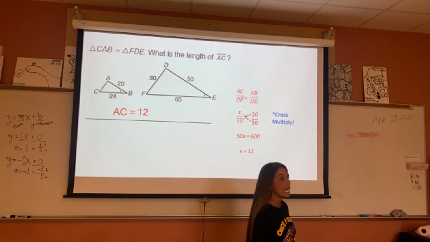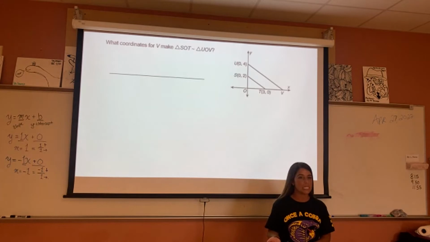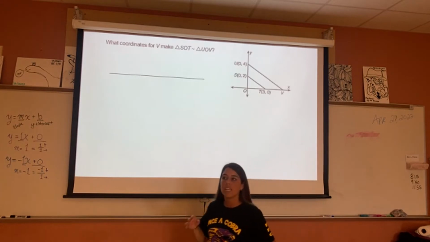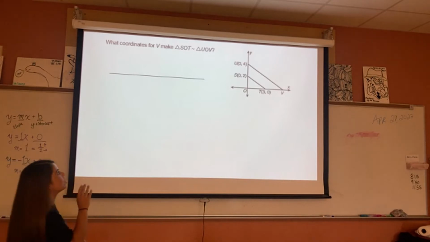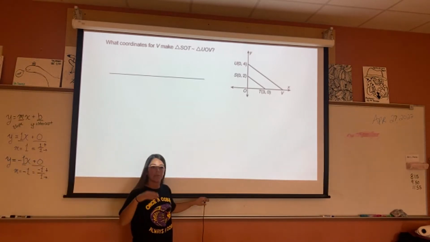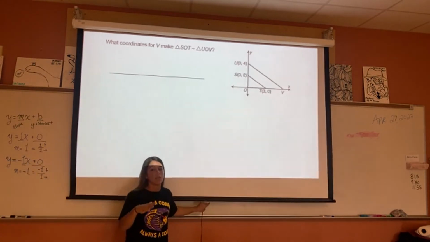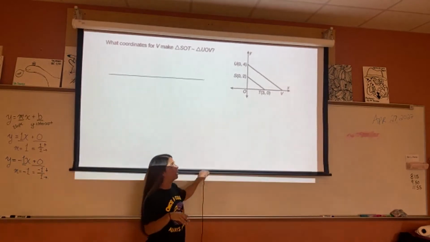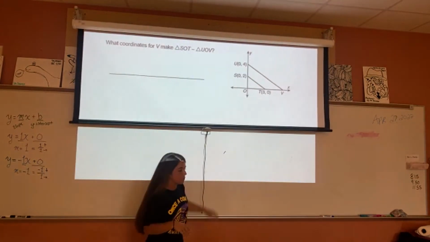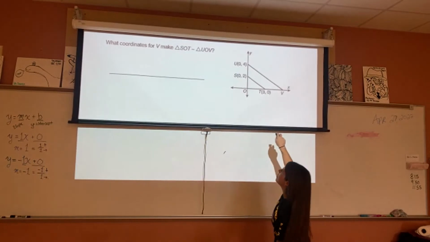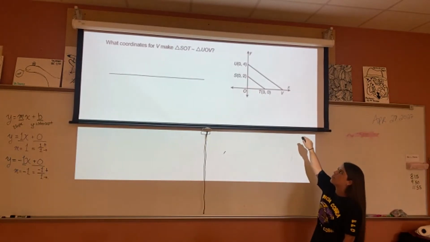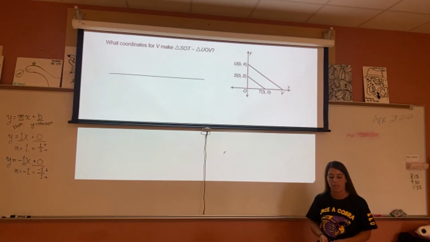All right. The next one, basically the same thing, only for this one, now we're dealing with coordinates. Now I'm going to show it to you using that same thing, doing the ratio, and then we'll talk about an easier way that you can solve this. What this is saying is I have two triangles. I have this little triangle here, SOT, and it's similar to my big triangle, UOB.